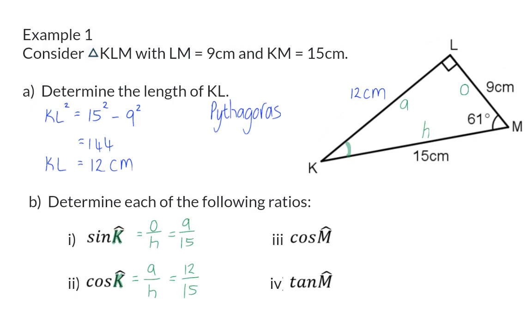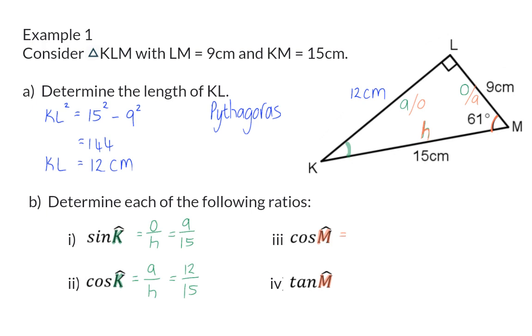For question 3 and 4, we are now asked for the ratios from angle M's perspective, which means we will have to name the sides all over again. I've already mentioned that the hypotenuse stays the hypotenuse, but looking from angle M, the adjacent side is now the 9 centimeters, and right across from it, 12 centimeters will now be my opposite side.